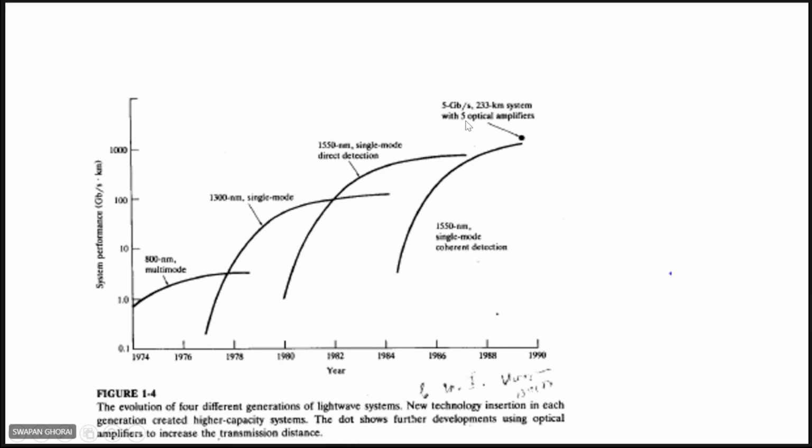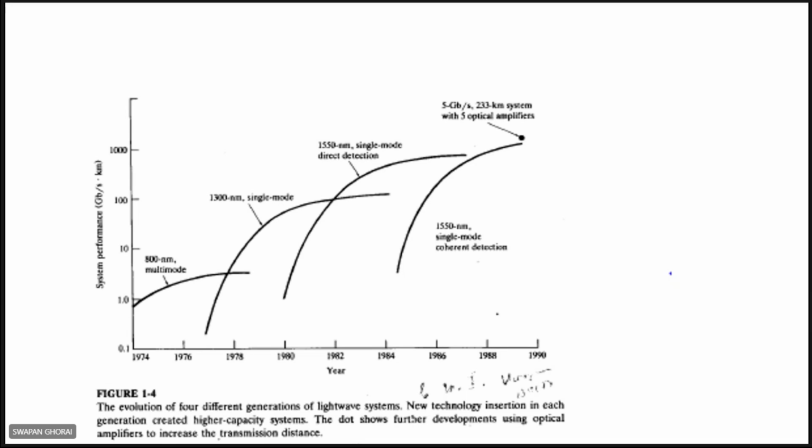Here we'll see different optical amplifiers are used, and with these amplifiers, bit rates greater than 5 Gbps can be achieved over longer repeater spacings. In fact, if you use optical amplifiers, over several 100 kilometers there will be no need of repeaters. Repeaters can be replaced by optical amplifiers.